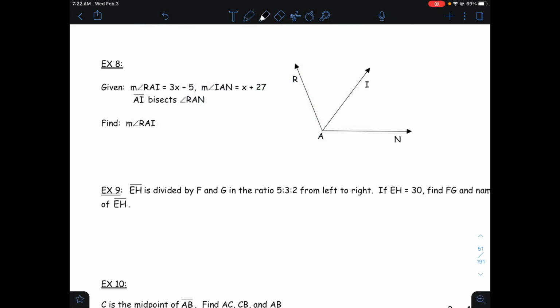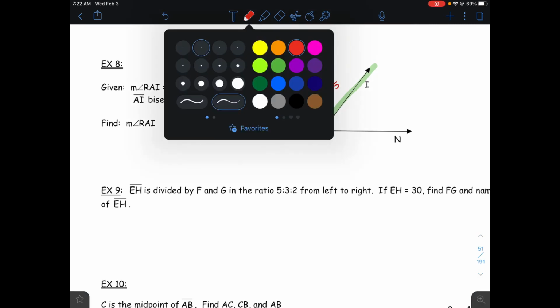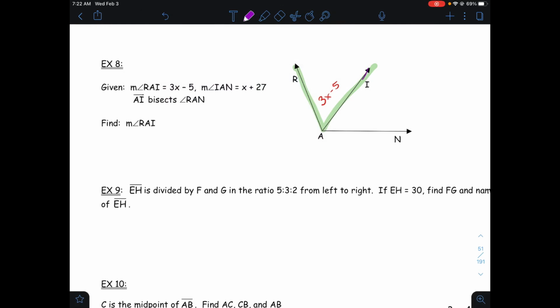All right, next it says, given that the measure of angle RAI, oh my goodness, sorry. So RAI is 3x minus 5. And that IAN is x plus 27.